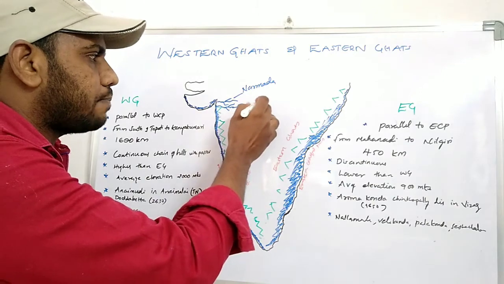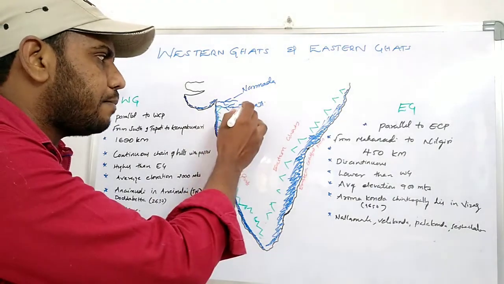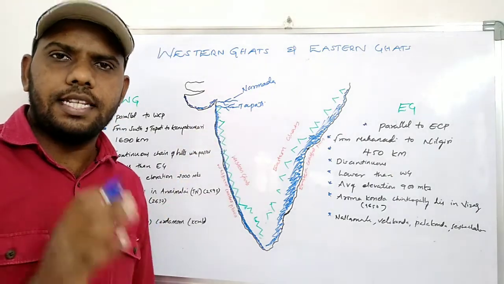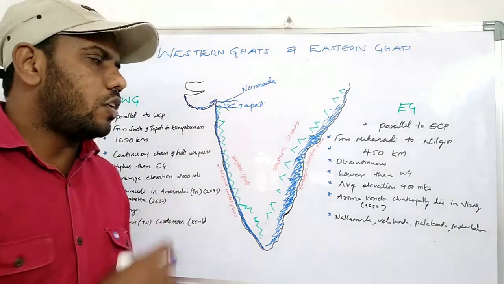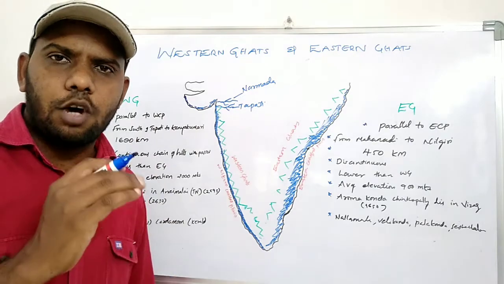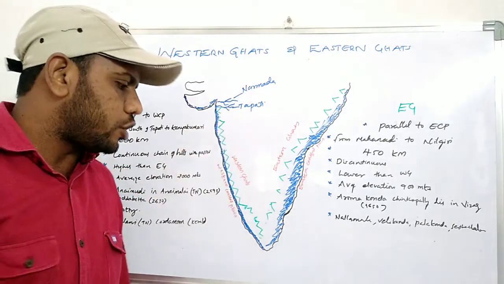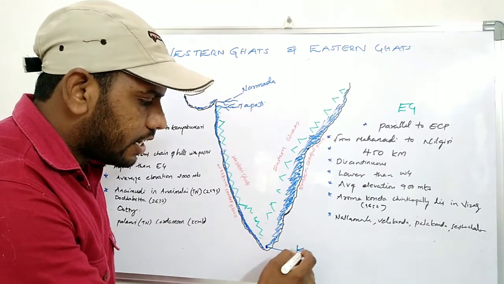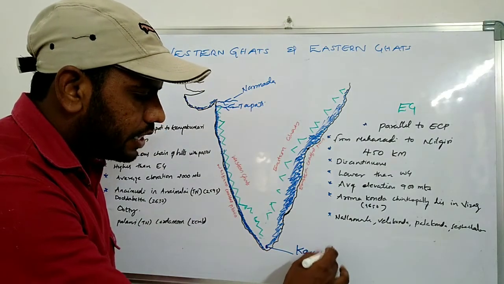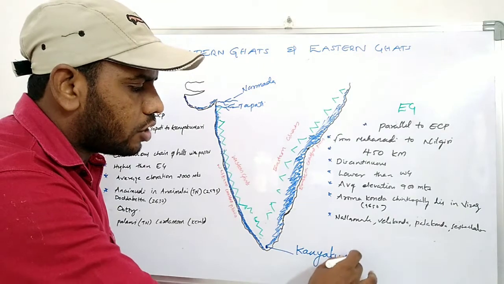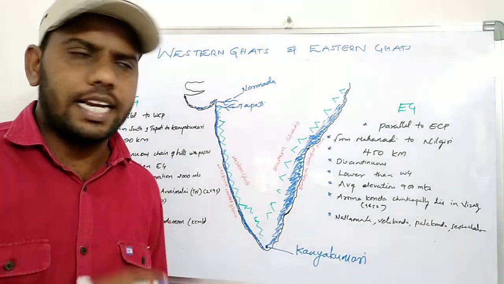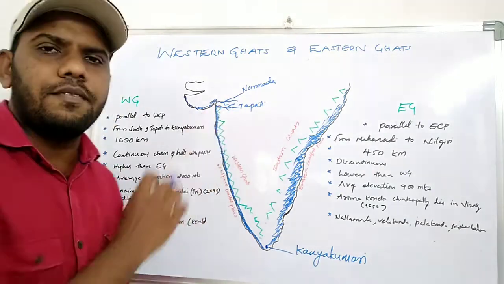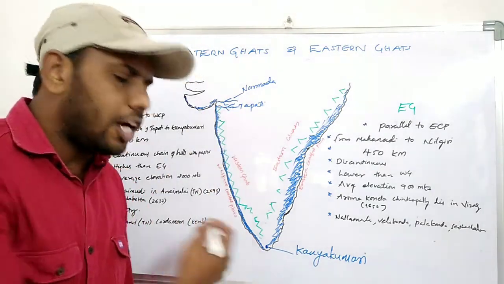Sometimes it is also called Tapati, T-A-P-A-T-I. So the Western Ghats extend from south of the river Tapti to Kanyakumari.